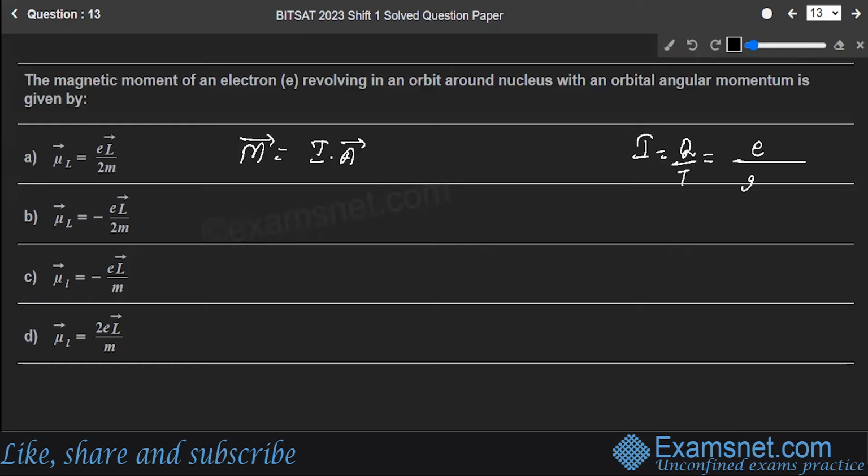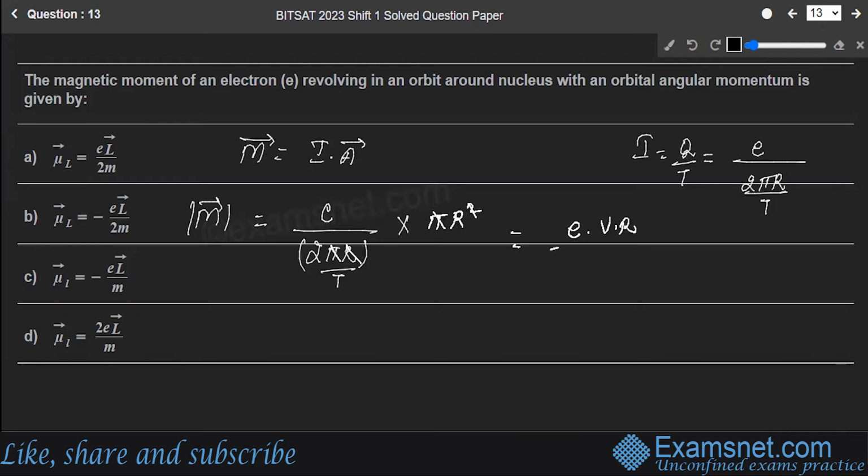So this is equal to E upon 2 pi r upon v. So the magnetic moment magnitude is equal to E upon 2 pi r upon v into area. It's given by, not 1 upon, it will be pi r square. Okay, so pi r, this will cancel. This will be E into v into r upon 2. No, not the v I have.